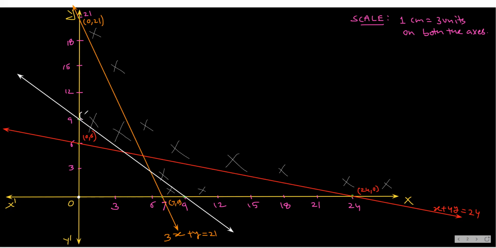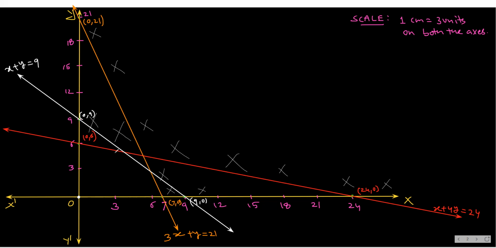The coordinates are 0, 9 and 9, 0. Then I'll write the equation of the line. The line is x plus y equal to 9.